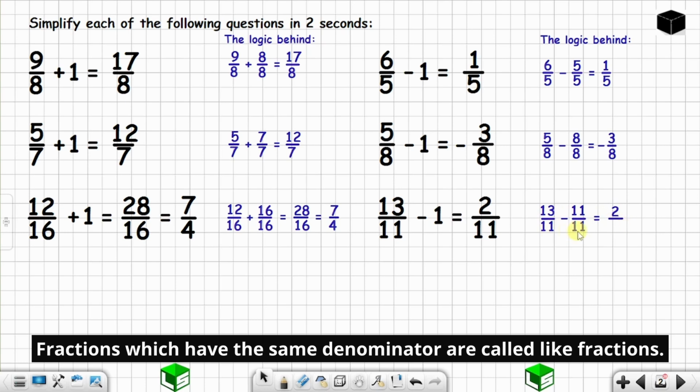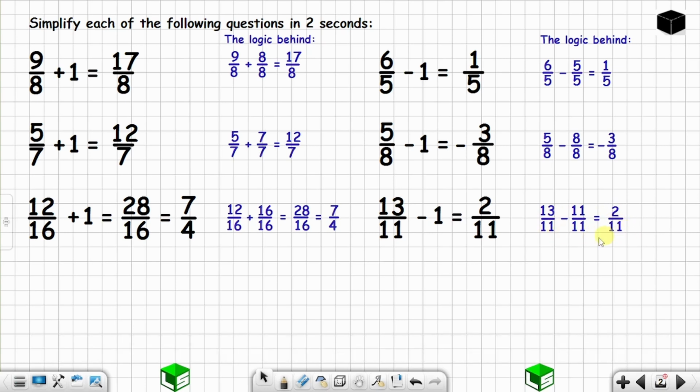This is over 11. Now what if you are given a mixed fraction? You have a mixed fraction minus 1. You have to change this mixed fraction.